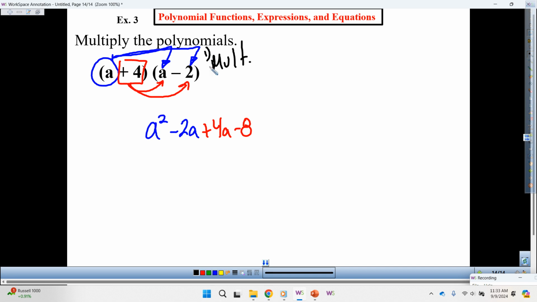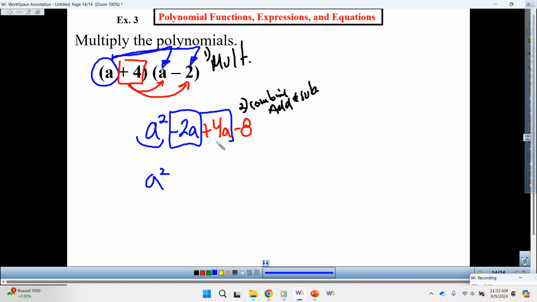I multiplied. That was step 1. Now here, step 2, I'm going to combine or add and subtract. So, here you go. Do I have another a squared? No. Can I combine this one with this one? Yes. What is -2 plus 4? Plus 2a. Then at the end, you just bring down the 8.